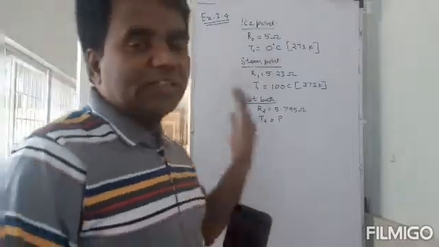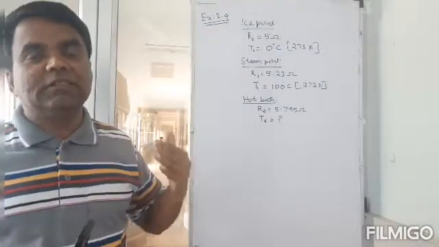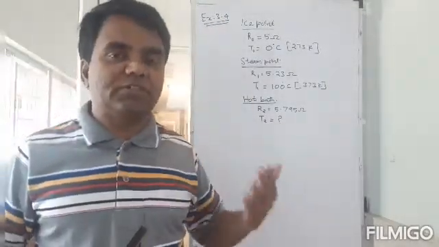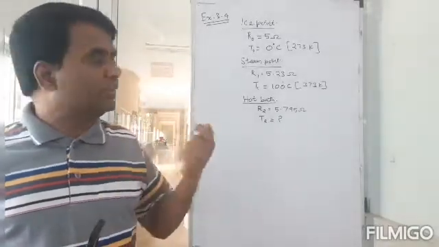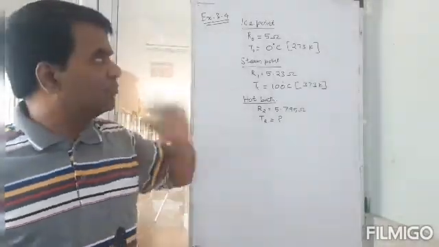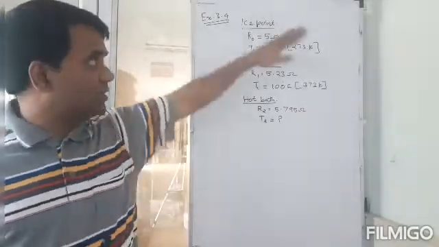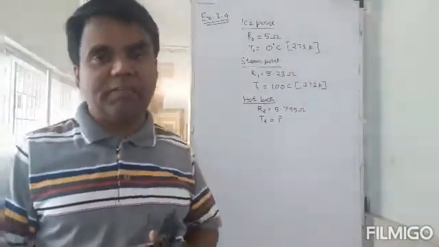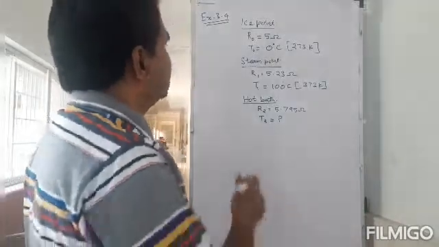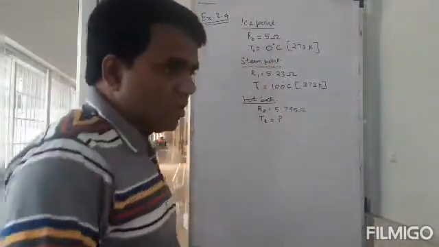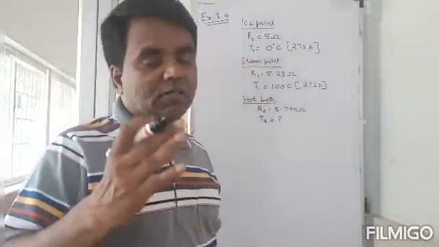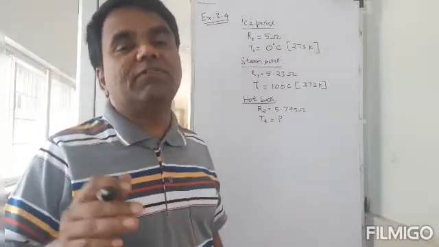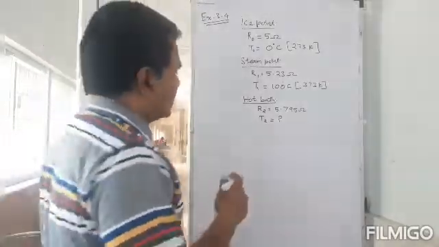So this is the problem. What did I say? I'm going to assume that the temperature coefficient of resistance alpha is going to remain constant across this temperature range. If that is the case, then I can use the equation R1 is equal to R0 into 1 plus alpha delta T. I can use that, right?